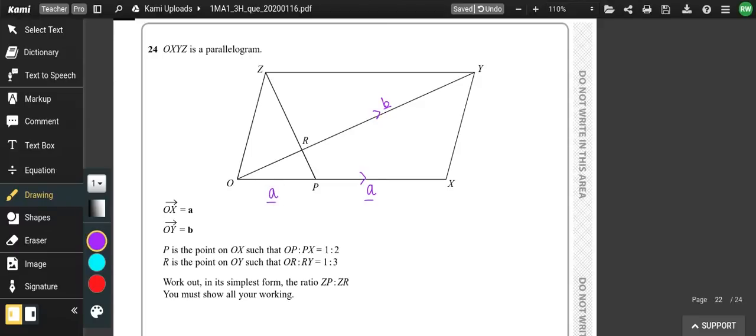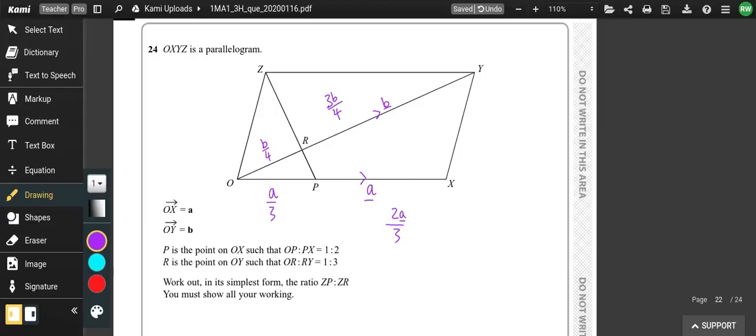So this is A over 3, and P to X is 2A over 3. And then O to R, so that's in quarters because you've got a 1 to 3. So we've got B over 4 and 3B over 4. That gets from R to Y.